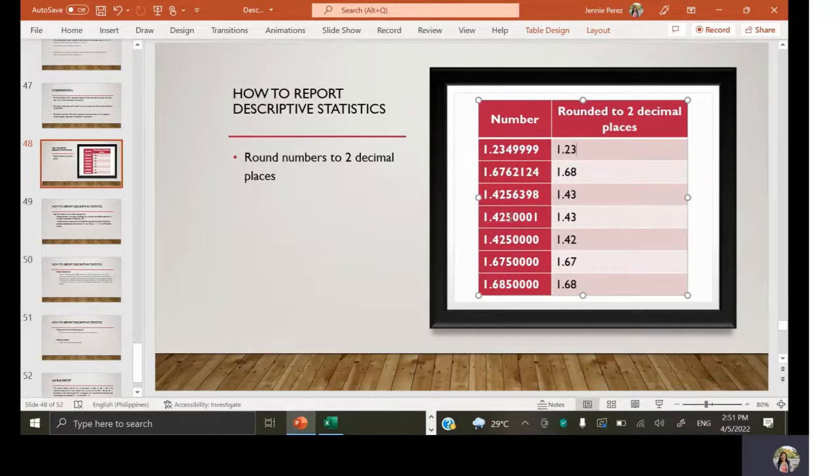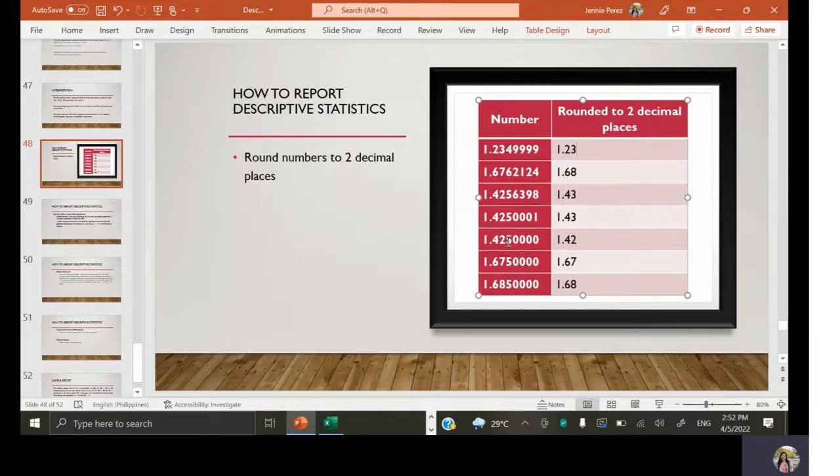And how about this one? The third decimal place is 5 followed by 3 zeros and then 1 at the last decimal place. So still we round this up to the next higher number because 5 is followed by a number at the last decimal place. How about for this one?